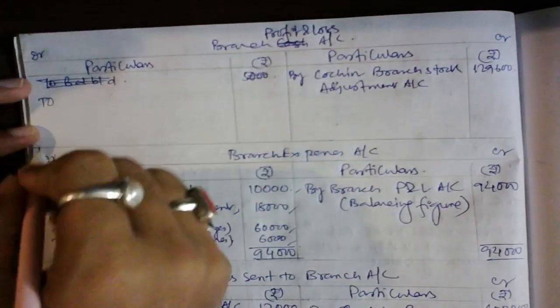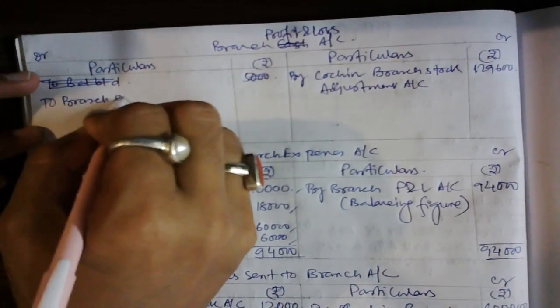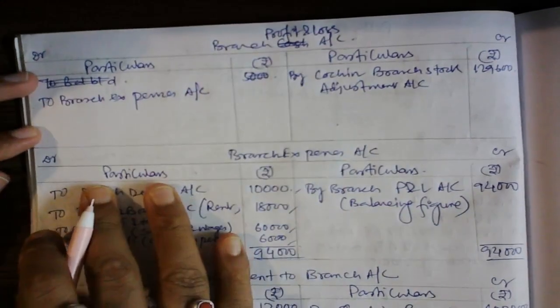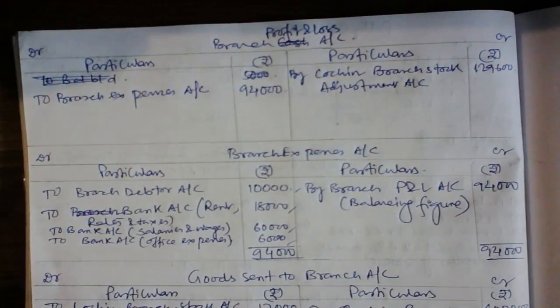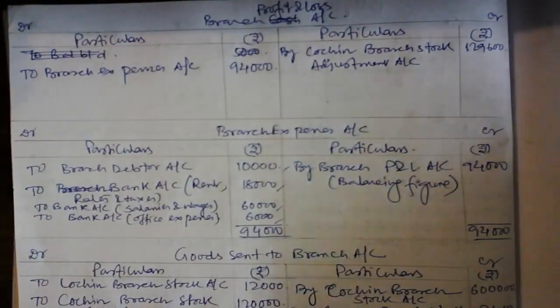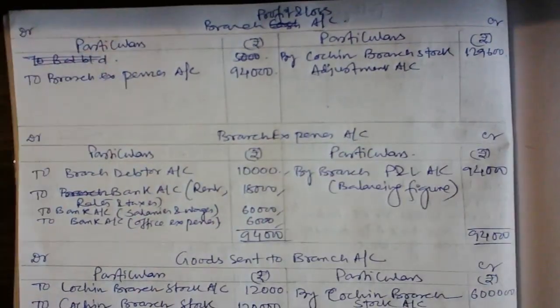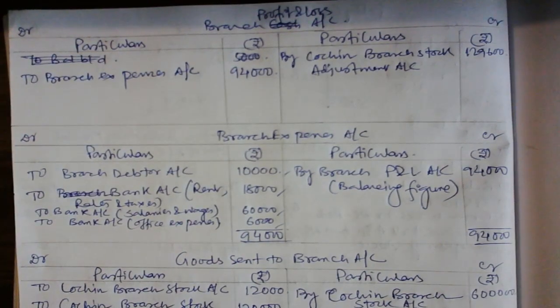To branch expenses 94,000, perfect. That is what is done. We have completed this one. So to branch expenses 94,000, sir.